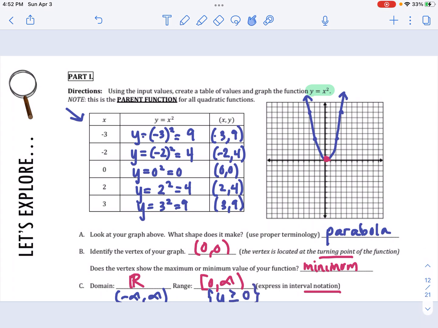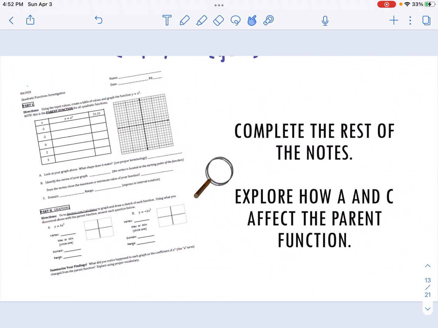All right, now that we've taken a look at this parent function, let's start to explore how changing the values of a and c transform our parent function. You're going to use the rest of the notes, and what you're going to do right now is go onto desmos.com/calculator to graph and draw a sketch of each function shown on your notes.